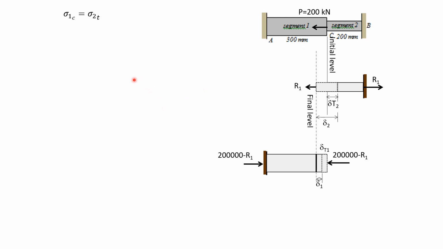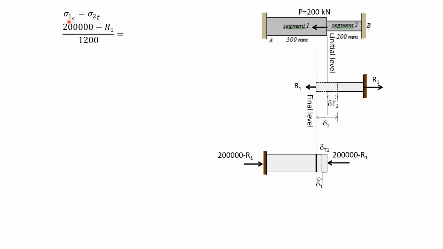The explanation is, if the temperature rises, the compressive stress in segment 2 will increase at a slower rate because of this load here. So the stress in segment 2 must be in tension, so that there's a possibility that the tensile stress in segment 2 will be equal to the compressive stress in segment 1, which will decrease if the temperature drops.